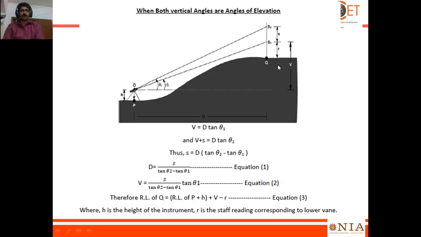That is the formula to be used, where H is the height of instrument and R is the staff reading corresponding to the lower. This is the case where the object is at elevation, both angles at elevation, right? That is the heading when both vertical angles are at elevation.